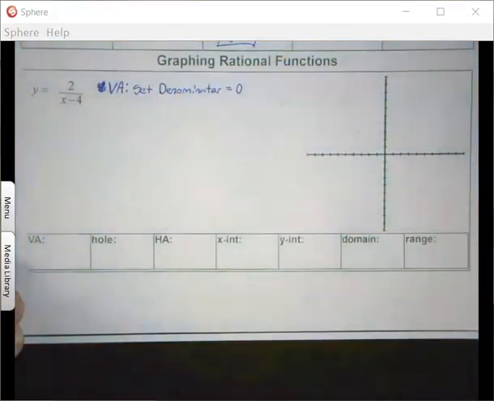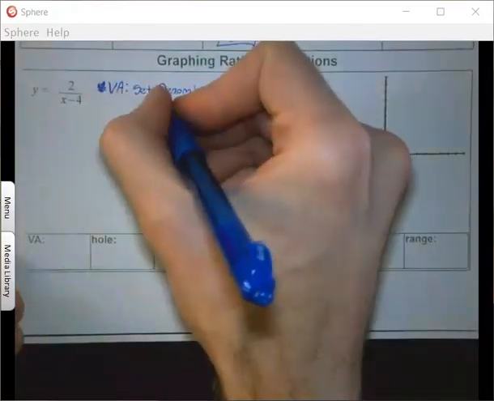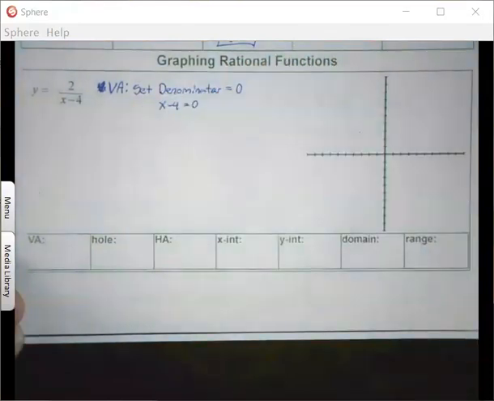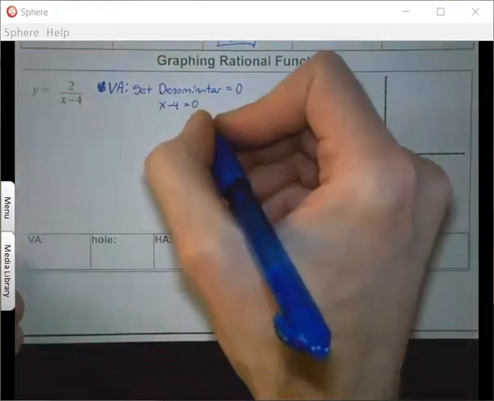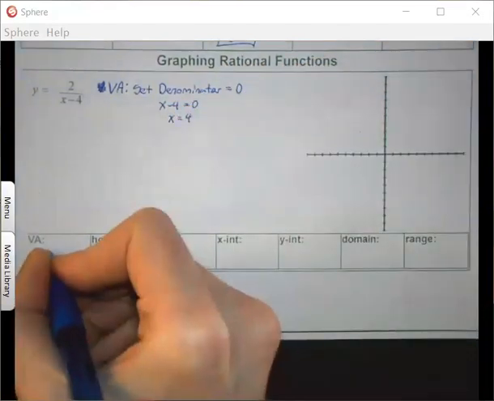So set the denominator equal to 0. Our denominator is x minus 4. Solve for x. So x is going to be 4. So that's our vertical asymptote.